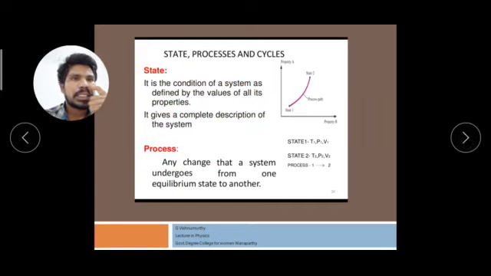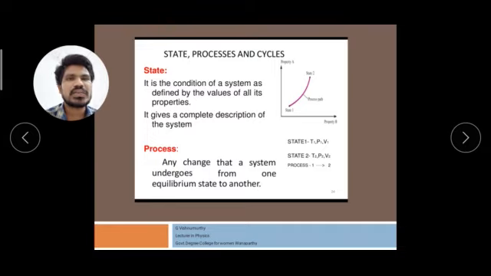And now the state, process and cycle. A state is a condition of a system as defined by the values of all its properties. It gives a complete description of the system. The process is any change that a system undergoes from one equilibrium state to another equilibrium state.